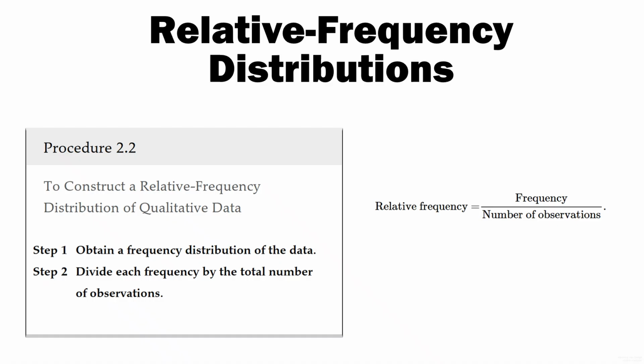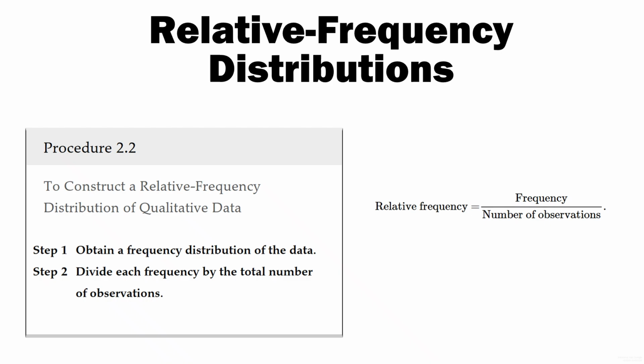So let's look at the procedure on constructing a relative frequency distribution of qualitative data. First, you obtain a frequency distribution of the data in the same manner that you had done it before, and then you divide each frequency by the total number of observations. So why would we want to do this?